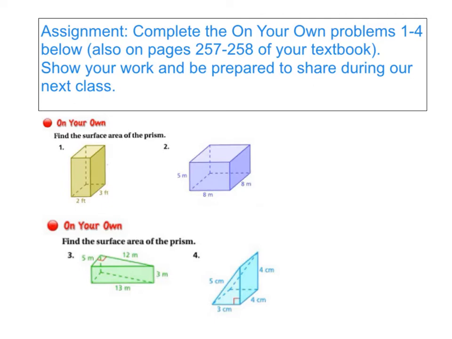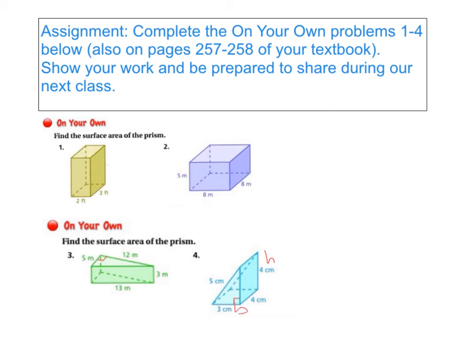Your assignment for this lesson is to complete the On Your Own problems 1 through 4 below. They're also on pages 257 through 258 of your textbook. Show your work and be prepared to share during our next class. For this lesson, I am going to help you out on number 4. I am going to show you that the height is this side and the base is 3 centimeters.